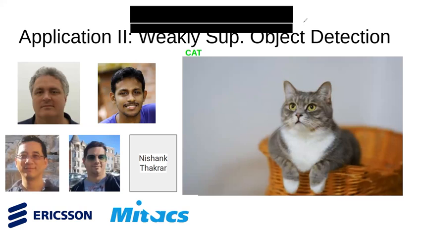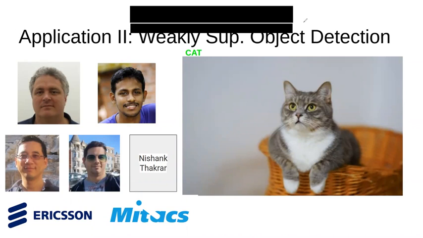If we have the bounding box of the cat during training, we call this fully supervised object detection. But if during training we know only that there is a cat, there is an object or multiple objects in an image, but we don't know where they are, then this is called weakly supervised object detection, because the annotations, the labels that we have during training are weak.